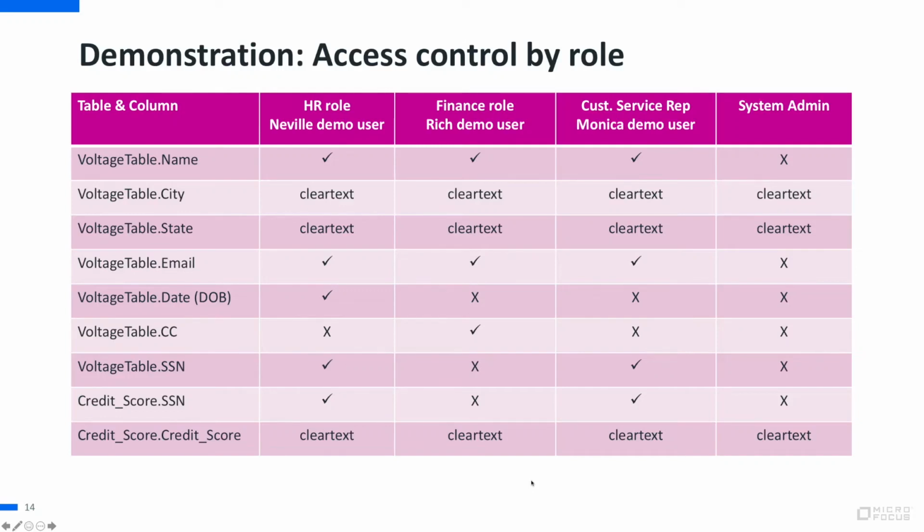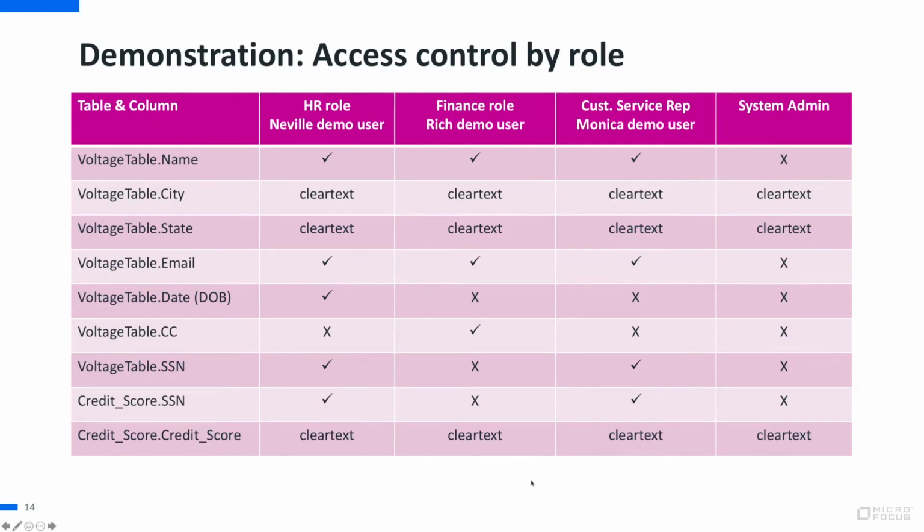So as you can see, most of the users except the sysadmin should be able to see the person's name, meaning the function to actually decrypt the name is part of their role. City and state, as well as the credit score at the bottom, are all actually clear text values. There's no real need to encrypt or tokenize these values, as they're not of any significant value on their own.